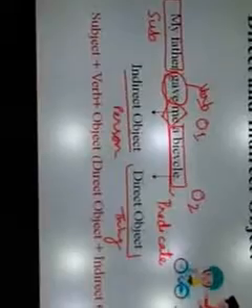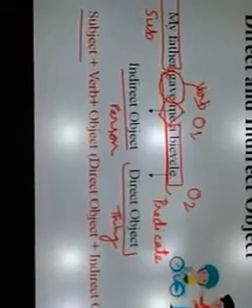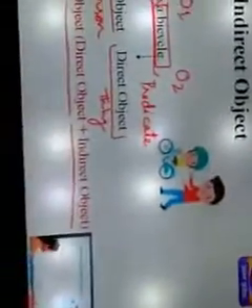Usually we see that an indirect object is a person, and a direct object is a thing. So the sentence structure becomes subject plus verb plus object 1, indirect object, and object 2, direct object.